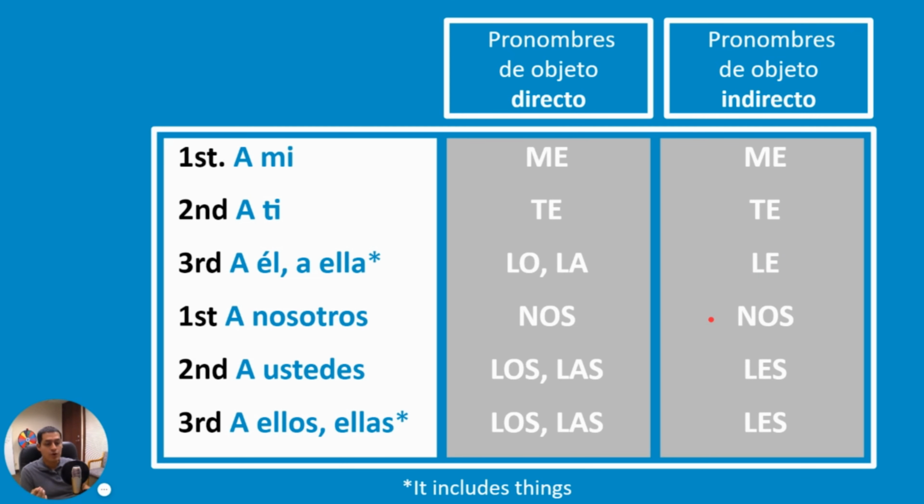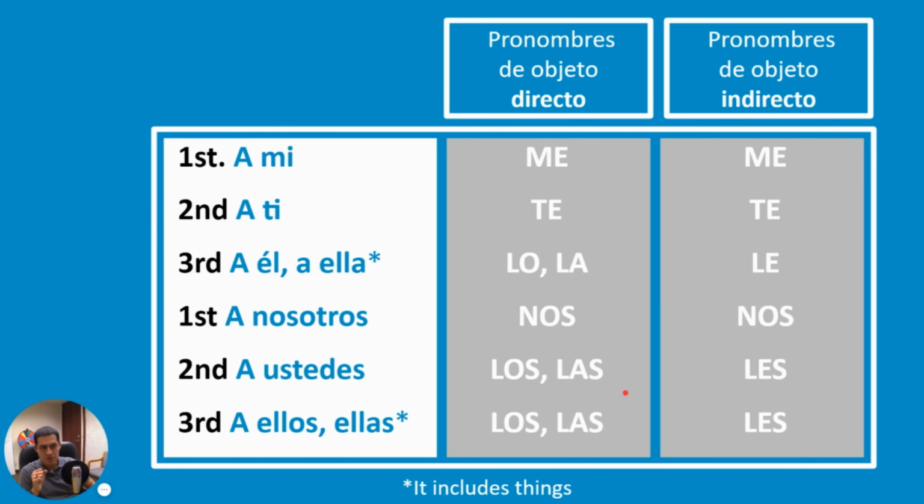Then for a nosotros, to us, we will use nos. A ustedes, to you guys, les. A ellos, a ellas, to them, les. So the same pronouns, but le instead of lo, la, and les instead of los, las.